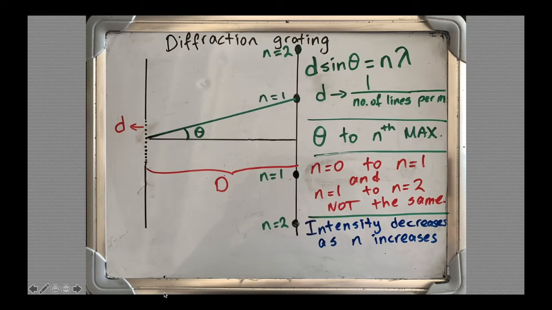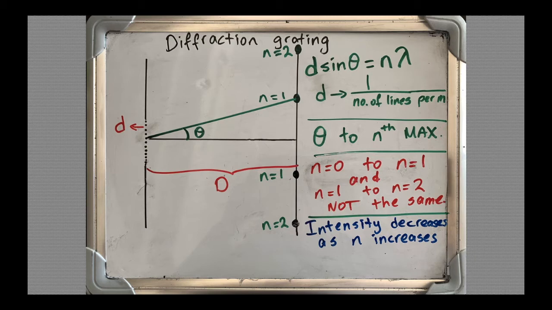Okay, the next case we discussed was the diffraction grating. In this case, we're not adding identical slits, we're splitting the same space into smaller and smaller pieces. So if I have n number of lines per meter, 1 over that would give us the d, which is the separation of consecutive slits. The diffraction grating formula is here, where theta is not small enough to be approximated to 0, so we don't equate theta to sine theta.